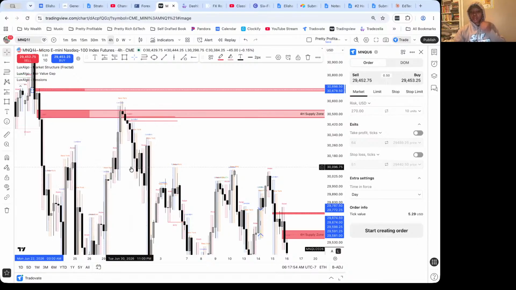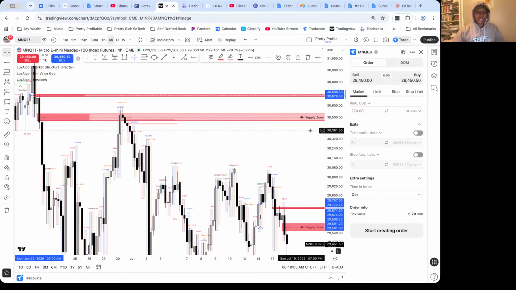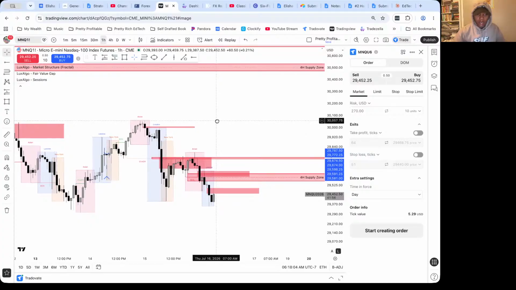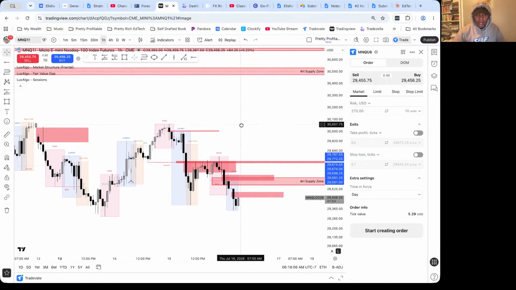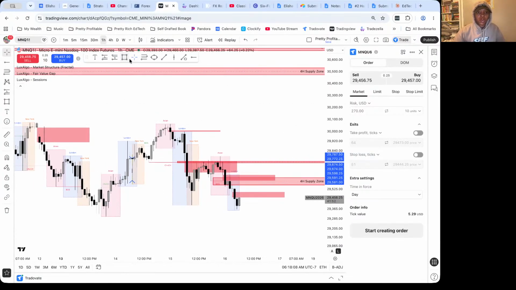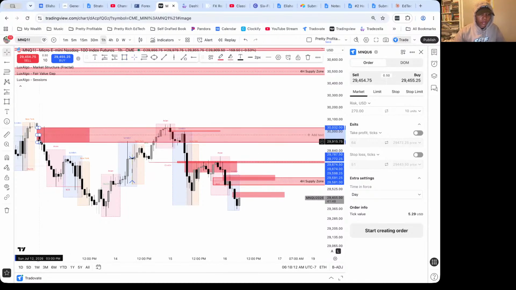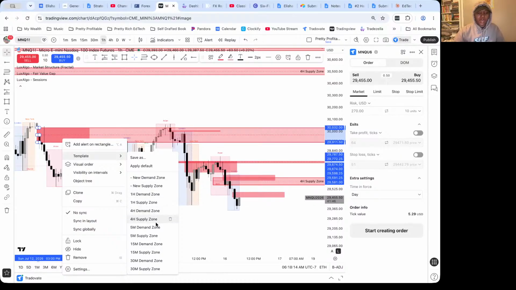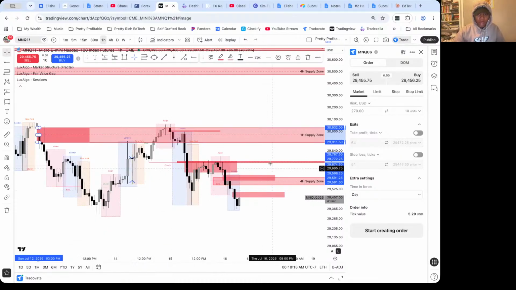I'm sorry, the supply zones. Supply zones are for bearish, and demand zones are for bullish. Alright, so now we're at the 1 hour. And remember, the higher the time frame, the stronger the zone. So I did this one instead of that one because it was bigger.